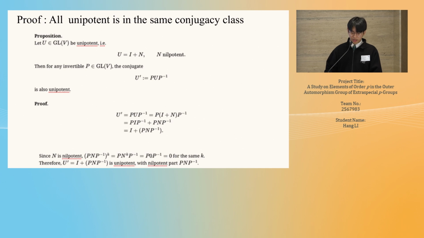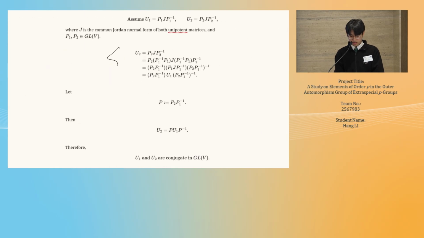I want to prove that all the unipotents are in the same conjugacy class. For the proof, take a pair of unipotents; because of Carter's result, they have the same Jordan normal form, and so you could easily prove that they are conjugate.